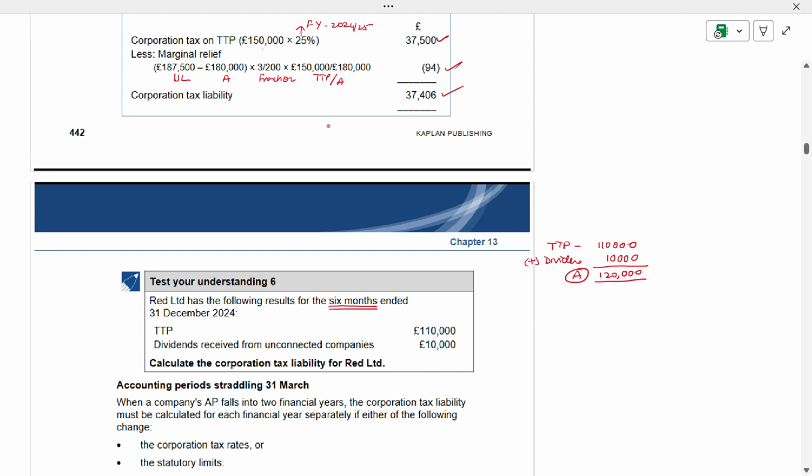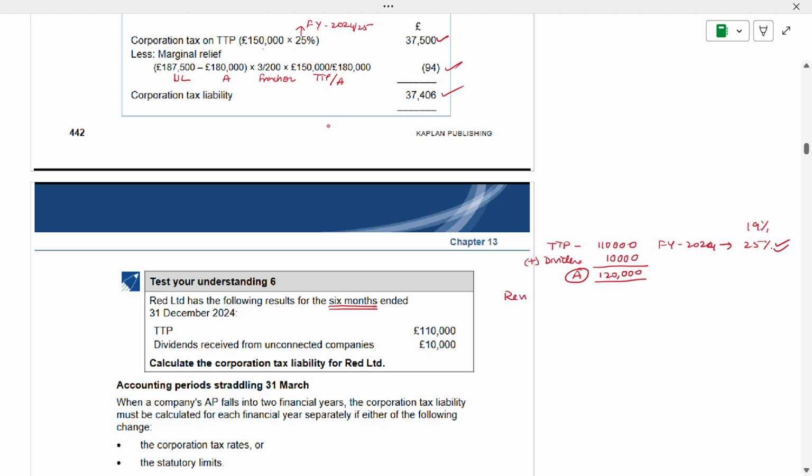TTP is how much? 110, plus dividends from unconnected parties, 10,000. It comes to 120. Anywhere anything is there, please let me know. This is A. Where is the financial year? Financial year 2024.